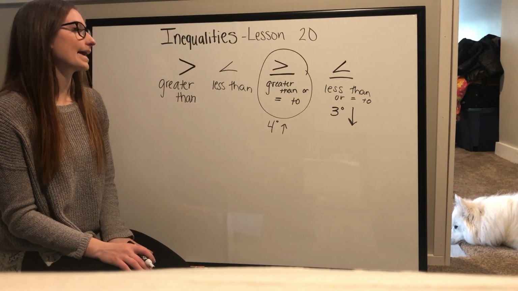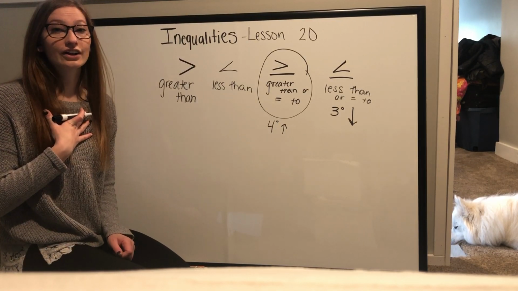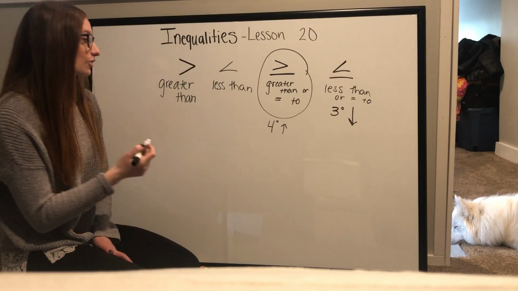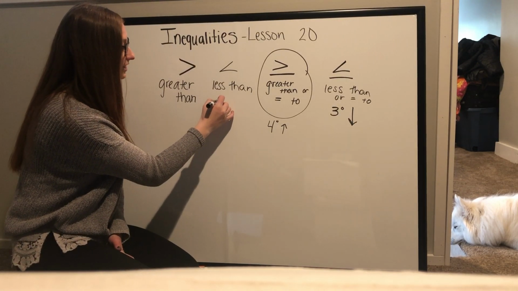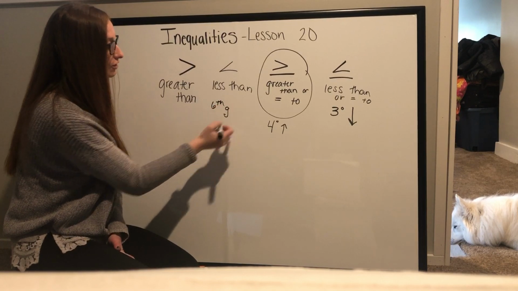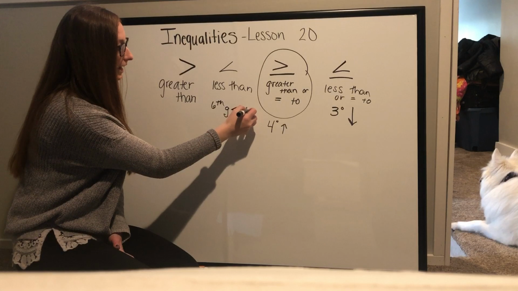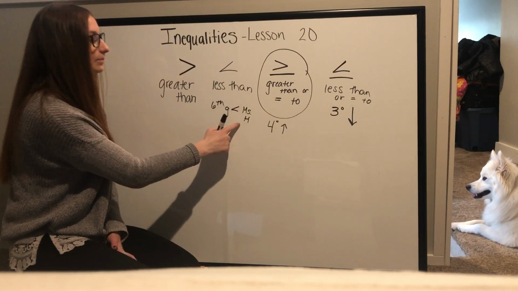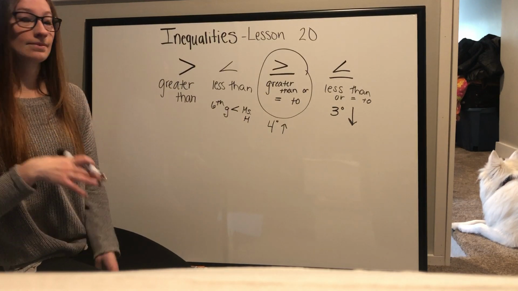So if I said, all of you are younger than I am, you could show that by saying, 6th graders are less than my age. So this is telling me that none of you can be the same age as me, but you can be less than me.